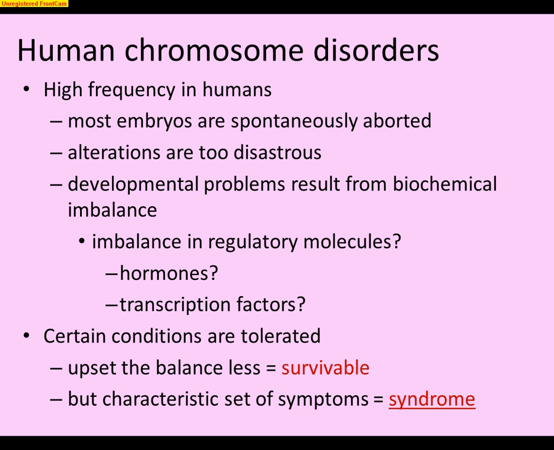Now, chromosome disorders in humans actually have a pretty high frequency, and the reason why we don't see people walking around with many of these chromosome problems is because most of the time it's so disastrous. The alterations that happen are so disrupting to the sequence of DNA that the embryos don't even go beyond maybe a couple cell divisions.